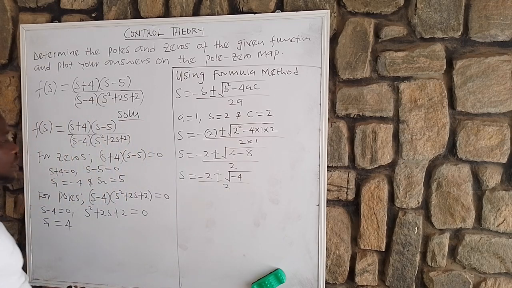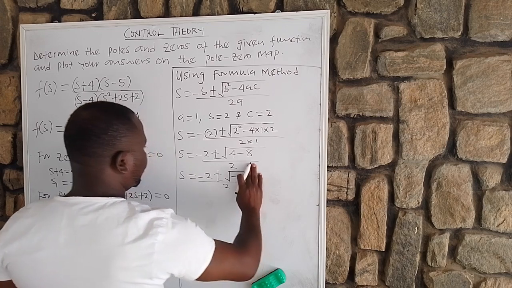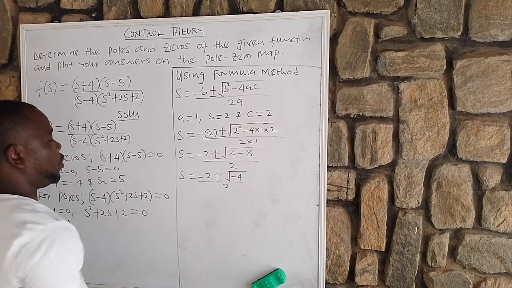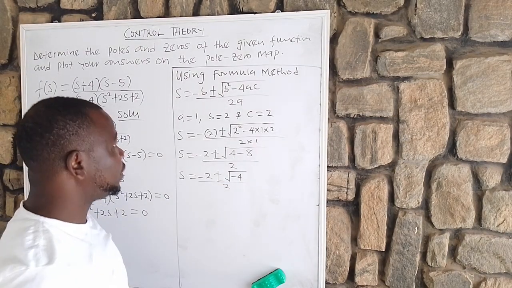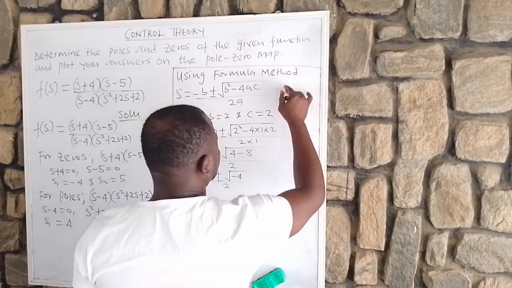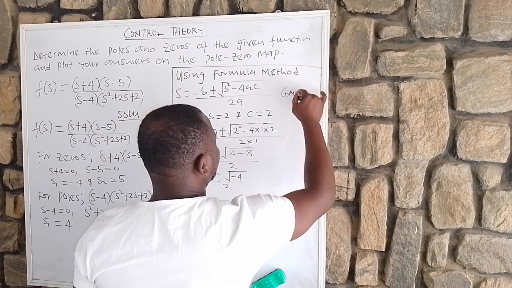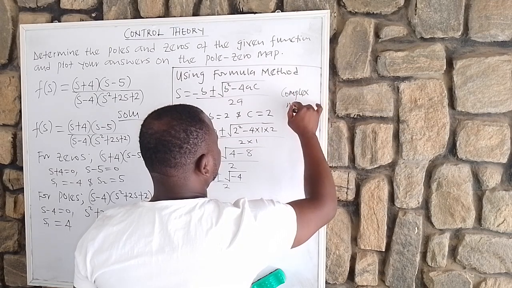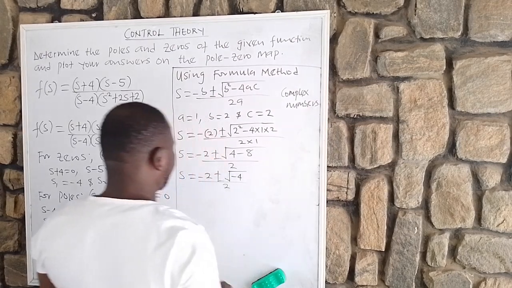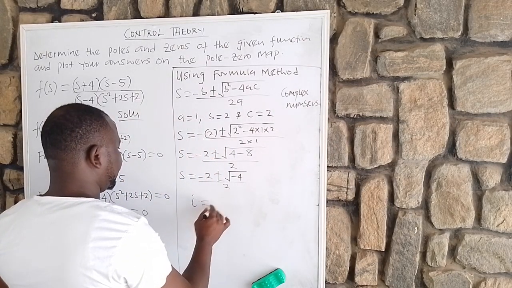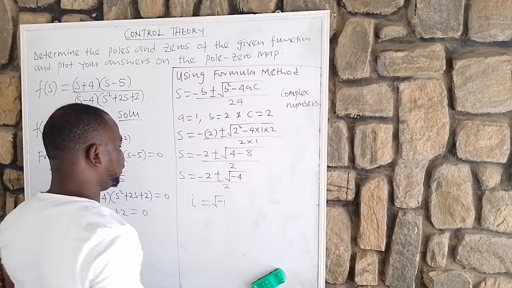Since it will be difficult for us to obtain the square root of minus 4, true or false? So we now recall complex numbers. Complex numbers, that is i equals the square root of minus 1.